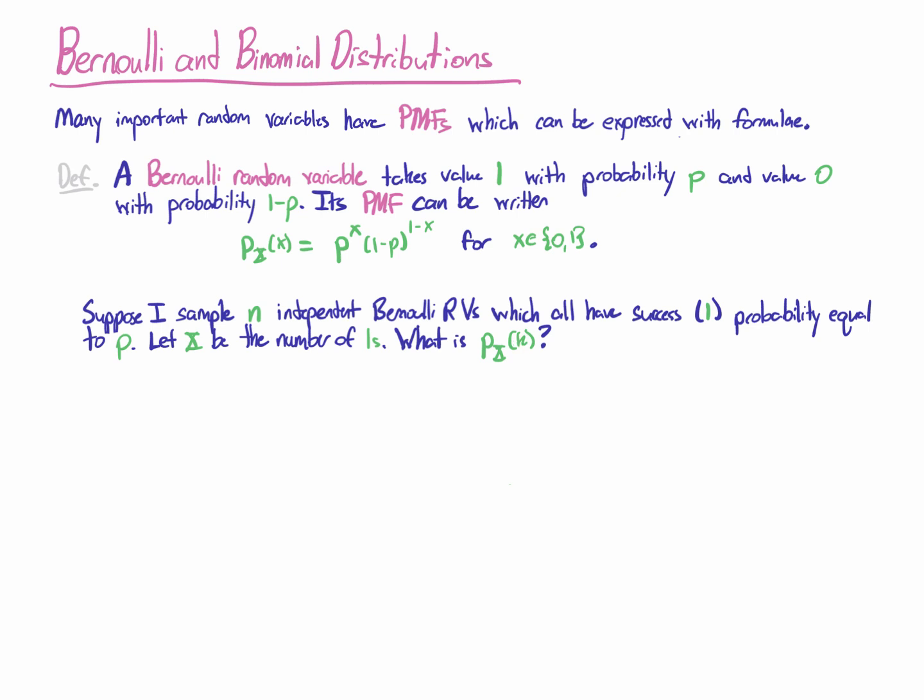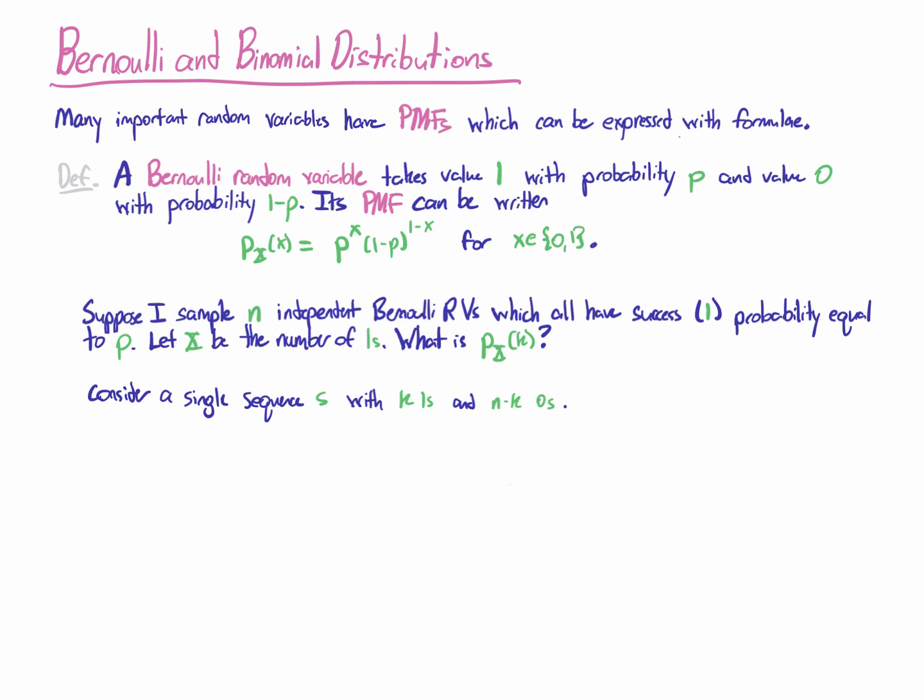What we're going to do is figure this out by considering a single sequence that I'll call S with a total of k ones and a total of n minus k zeros.